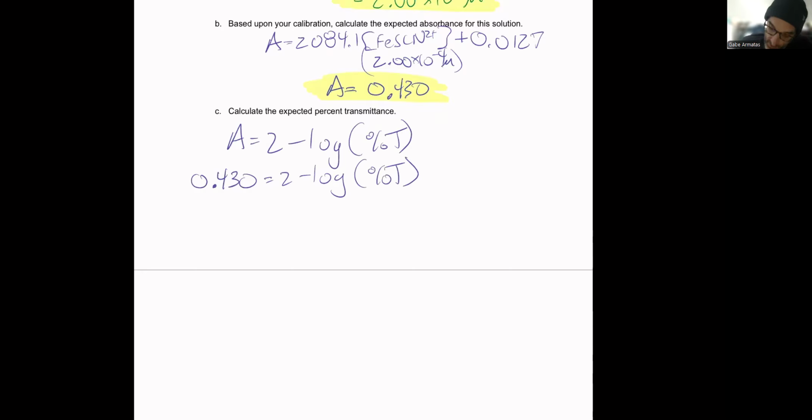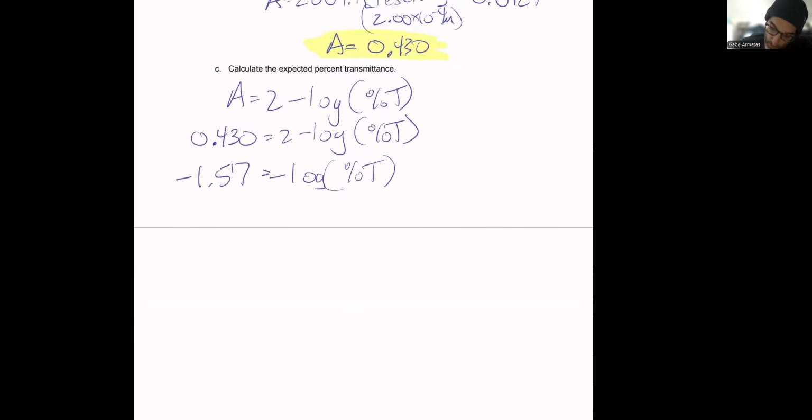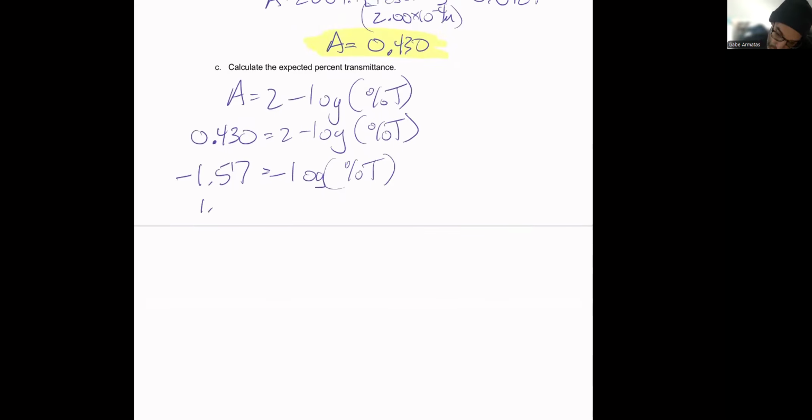I'm going to subtract 2 from both sides, so I end up with negative 1.57 equals negative log of the percent transmittance. I'm going to negate both sides, so you end up with 1.57 equals log of the percent transmittance.